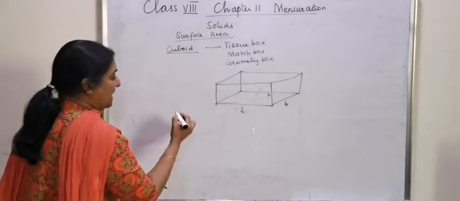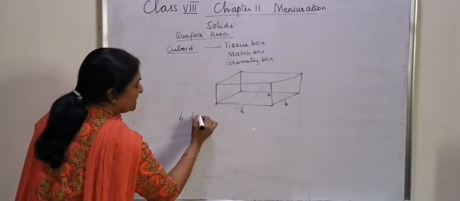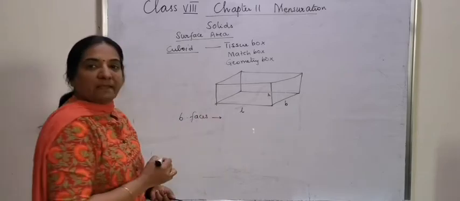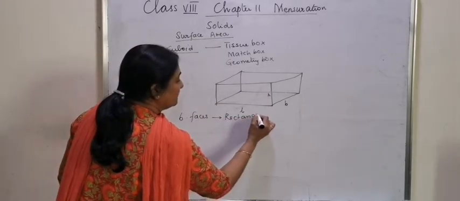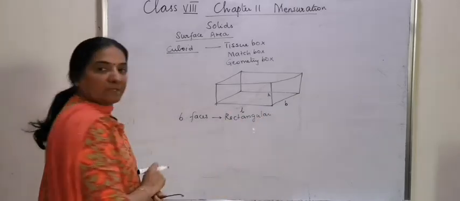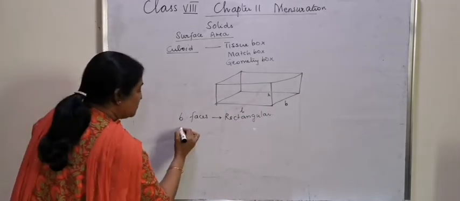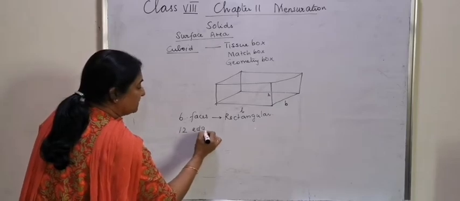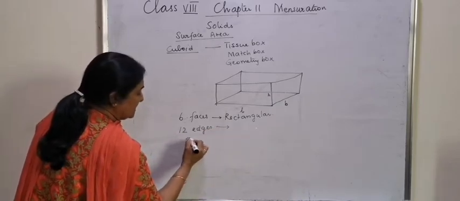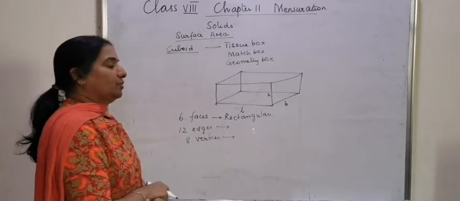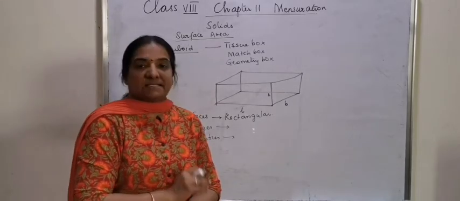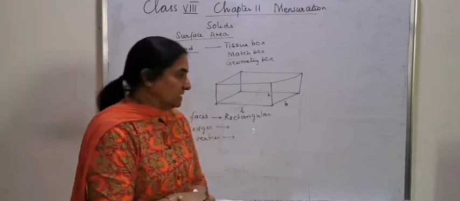A cuboid has 6 faces and the faces are all rectangular. It has 12 edges and it has 8 vertices. So a cuboid, there are 6 rectangular faces.